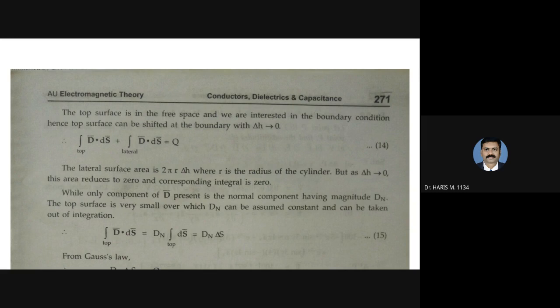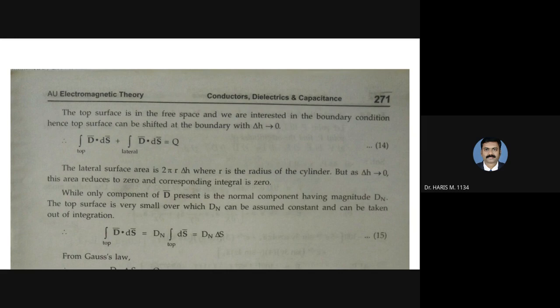The lateral surface area will have a particular height, and the surface area can be calculated using the formula 2 pi r h, where h is replaced with delta h, and r is the radius of the cylinder. But as delta h tends to 0, this area reduces to 0 and the corresponding integral also becomes 0. So the lateral surface also can be taken as 0, only if we are assuming the lateral surface is just lying on the boundary, right? Otherwise, you have to use this equation.